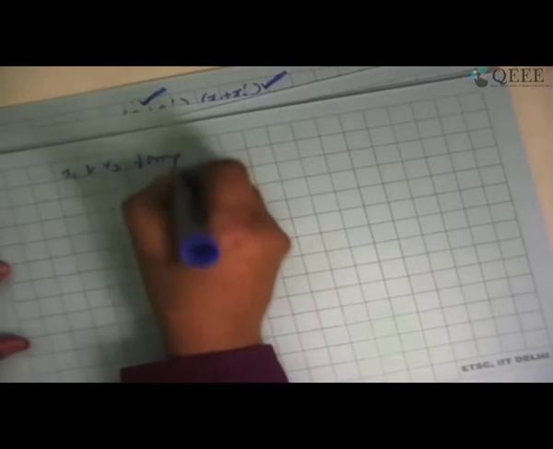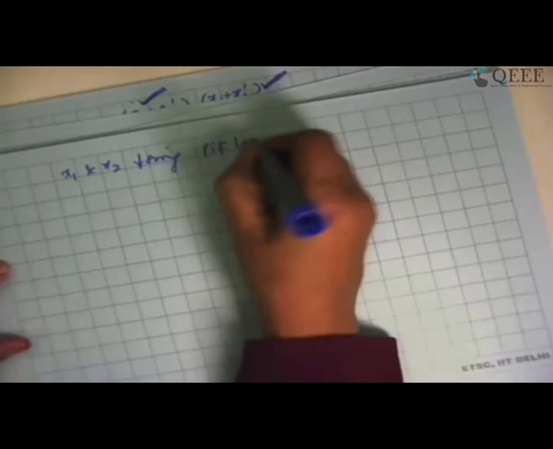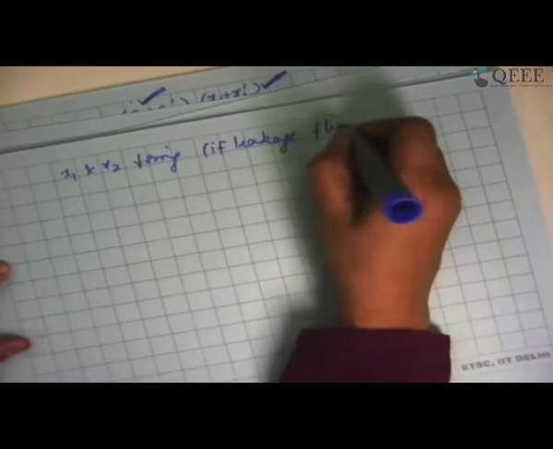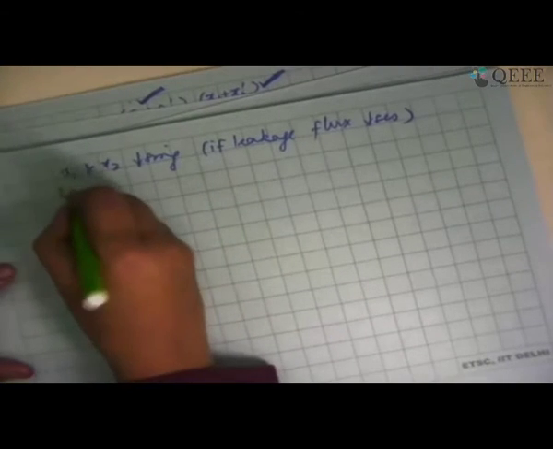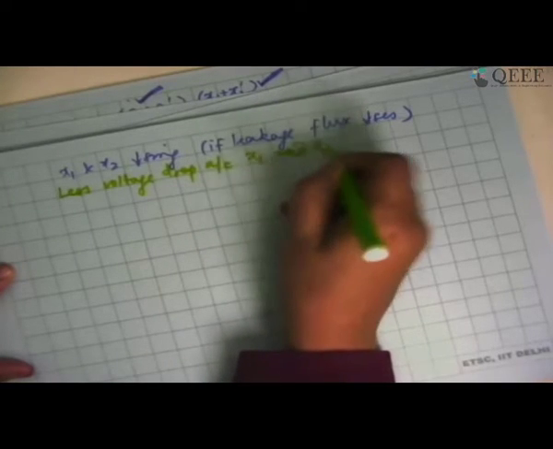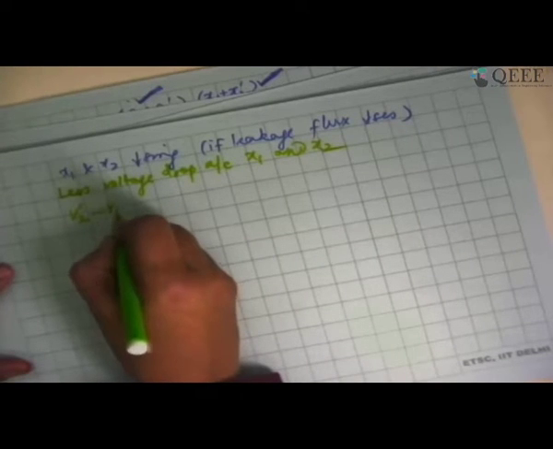When we reduce the leakage flux, automatically I'm going to have X1 and X2 decreasing. So we are going to have less voltage drop across X1 and X2. If I try to look at what is available at the terminal of the transformer, it is V2 or V2 dash, and what I apply is V1.